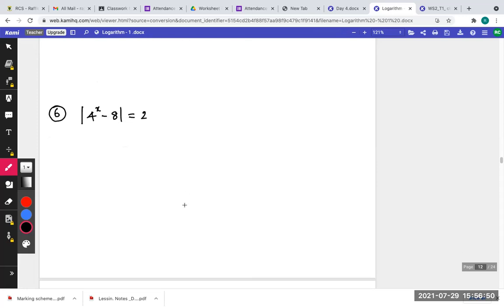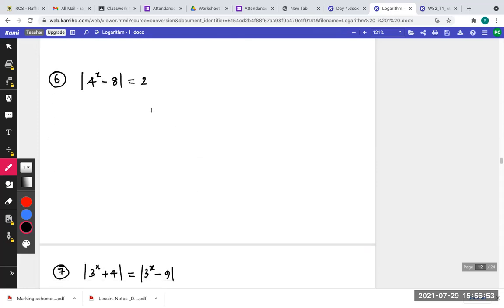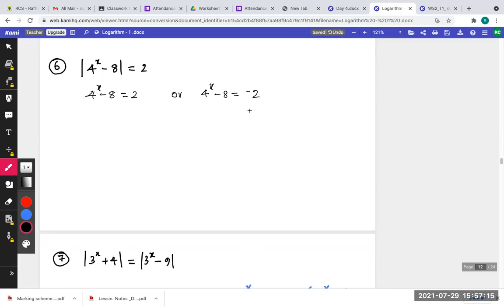Okay. And sometimes you can see modulus exponential functions also, as we have learned modulus function already, right? So we can write it as 4 power X minus 8 equal to 2, or 4 power X minus 8 equals negative 2, right? If I take the modulus, it could be a positive 2 or it could be a negative 2.